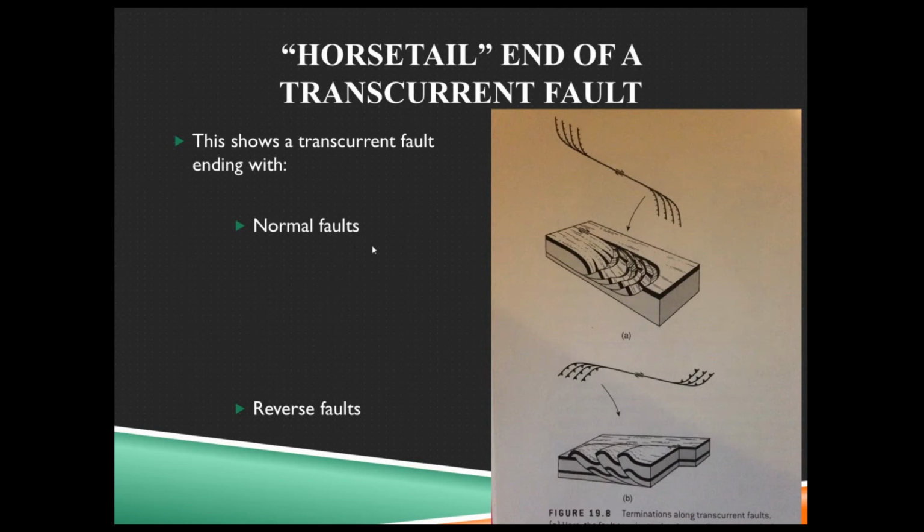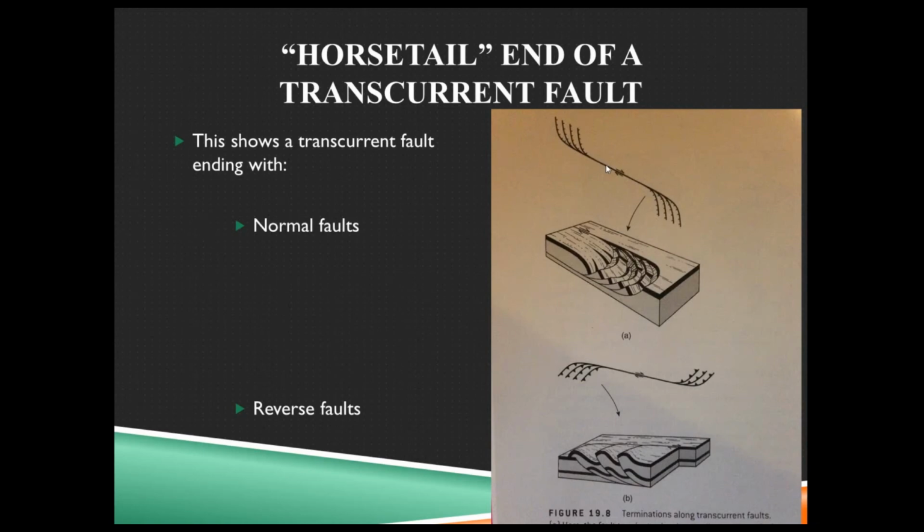The other method for one of these transcurrent faults to die out is the horsetails. Horsetails are a set of curved normal or reverse faults that bend off kind of like a horse's tail.